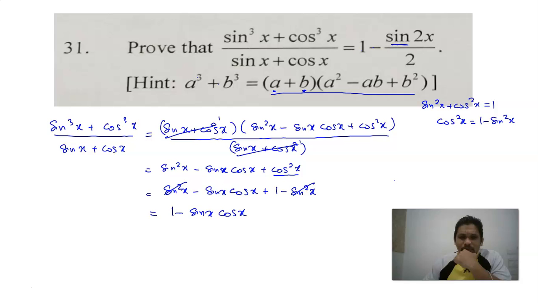Sometimes we need to use all the formulas of the trigonometric functions given in the examination, the list of formulas. So I'm just thinking of something.